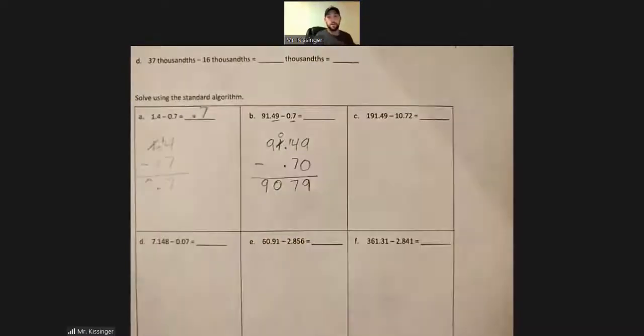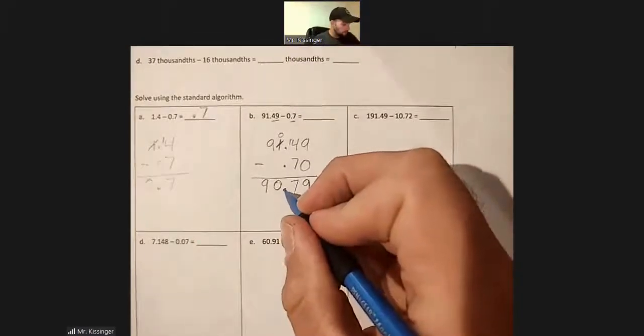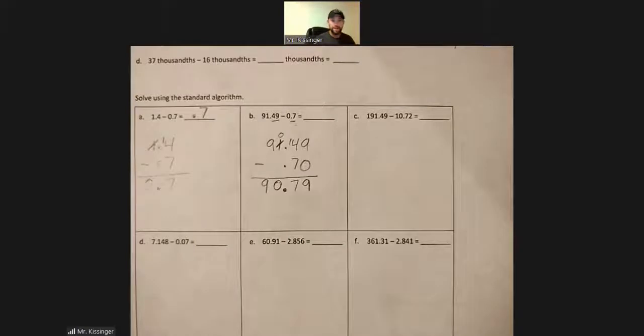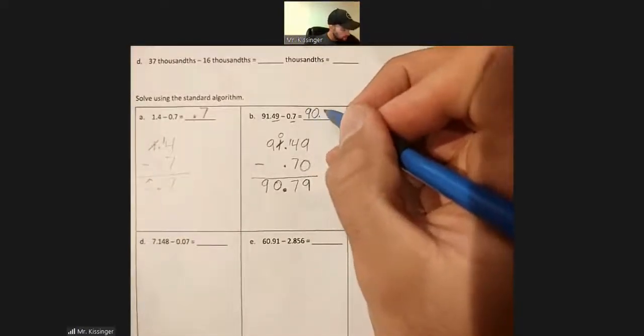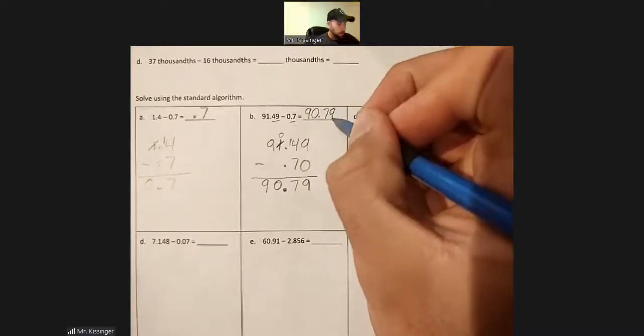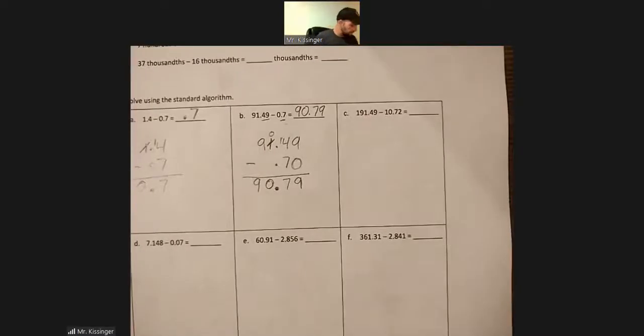And then, again, we've got to make sure that we bring our decimal point down in the same place. And we get 90.79, or 90 and 79 hundredths. So remember, when we're adding or subtracting, we always have to bring our decimal point down and make sure that it's in the correct spot.